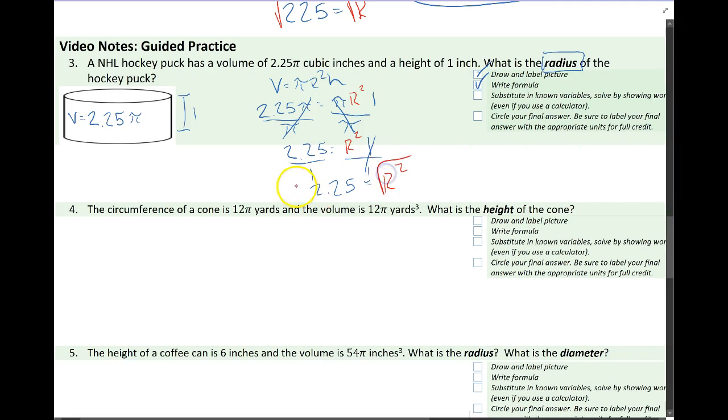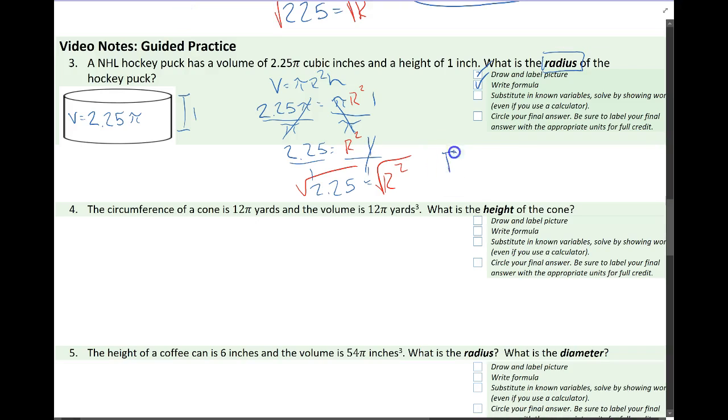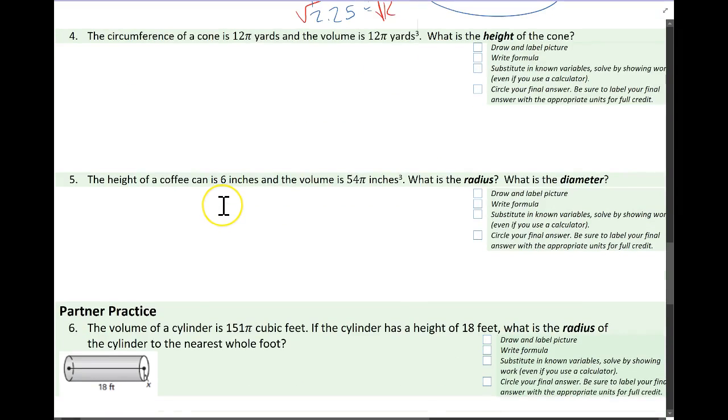And in the process of square rooting, I find out that the radius is equal to 1.5. So I've solved. Now I need to circle my final answer and make sure to use appropriate units. In this case, we're talking about inches, 1.5 inches.